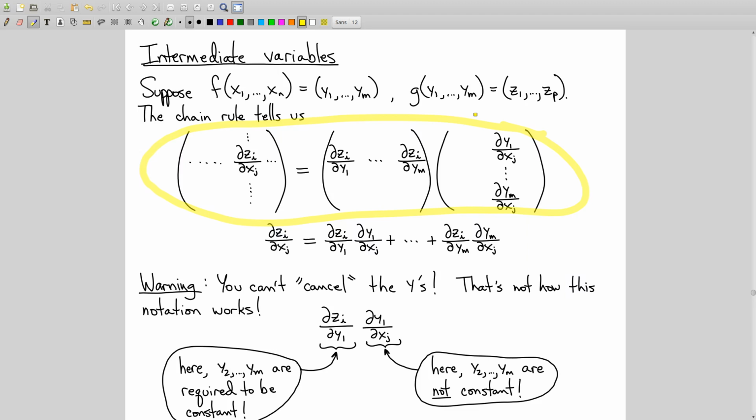Notice that the variables line up accordingly. F turns x's into y's. Thus, this derivative matrix, partials of y's with respect to x's. G turns y's into z's. Thus, this matrix. The composition turns x's eventually into z's. And thus, these are the elements in this product derivative matrix.